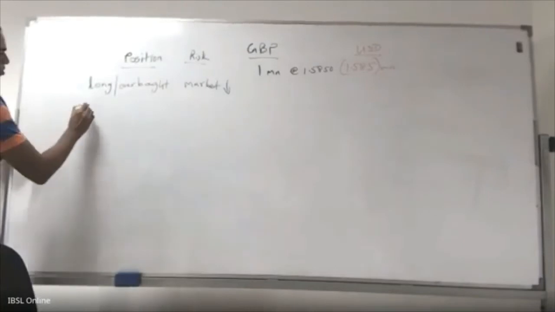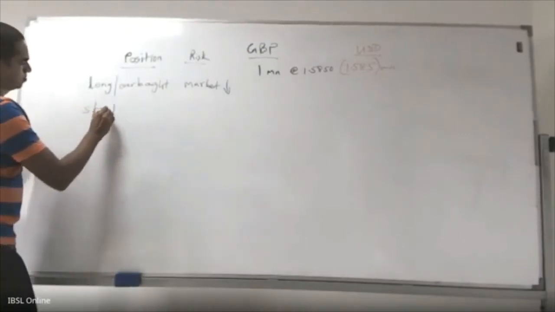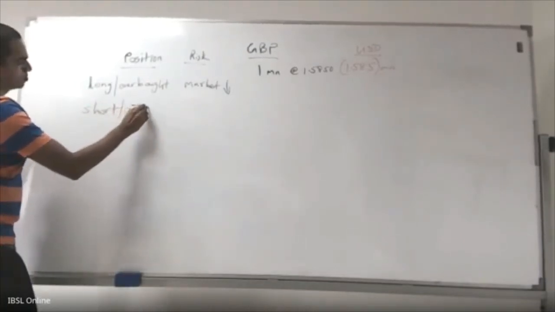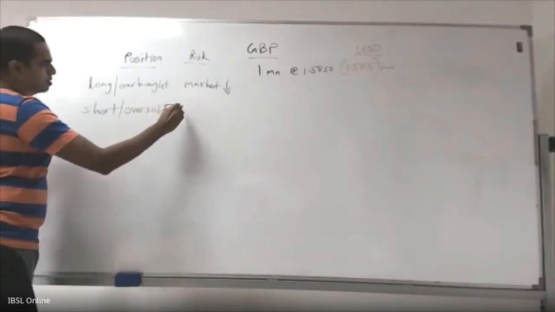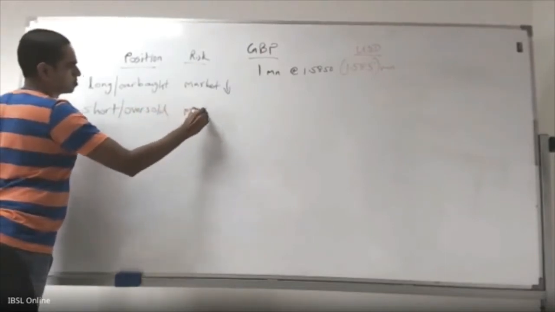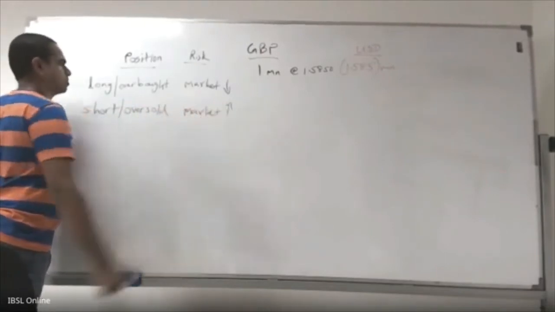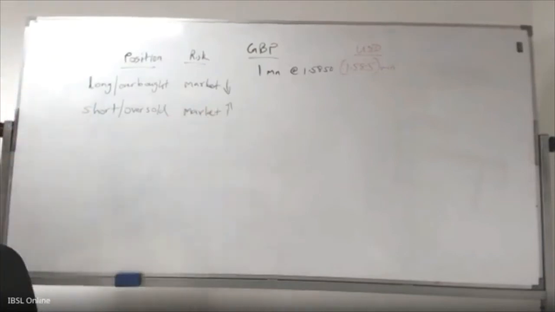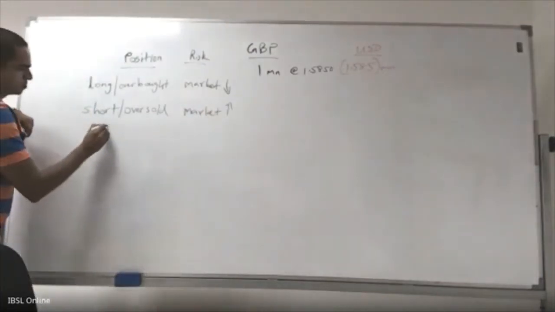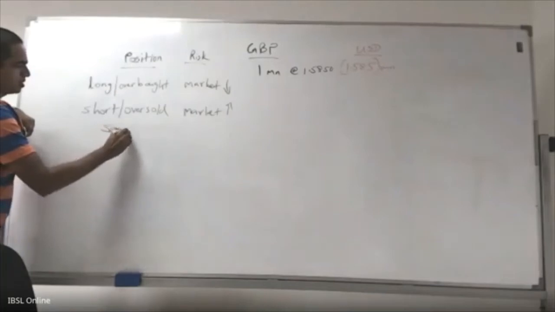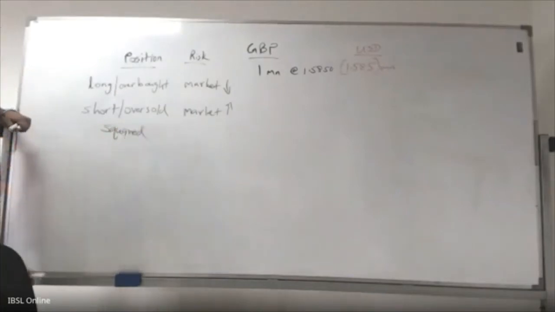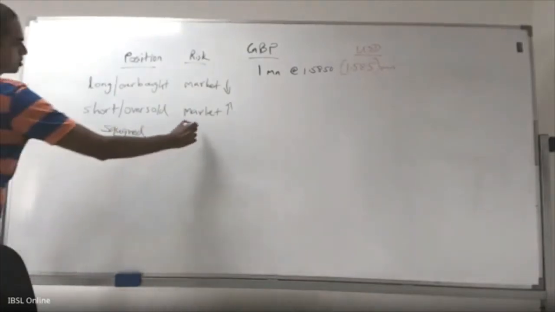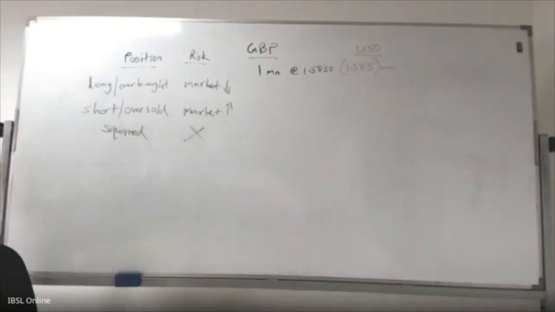Then if you're short or oversold, the risk is the market going up. And the third kind of position is called square position. You're not carrying a risk. This is how the risk goes.